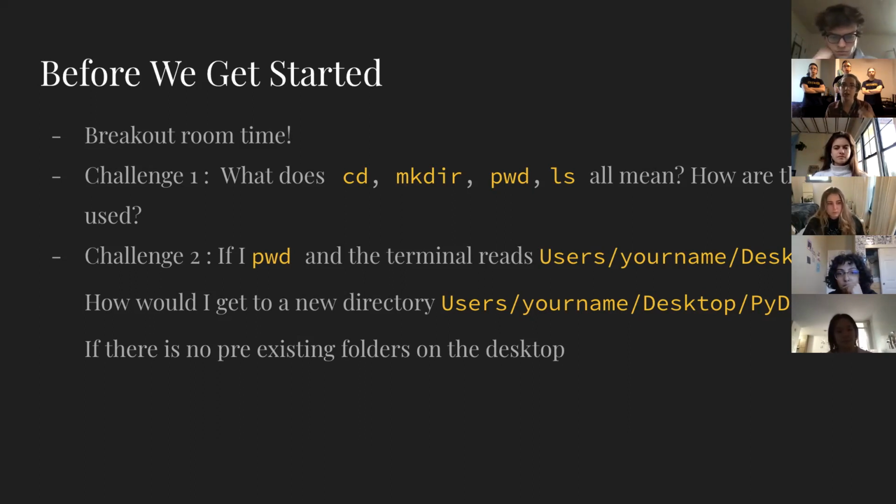I kind of just said that, but say it amongst yourselves. The real challenge is this problem right here: say I run pwd and the terminal reads Users, your name, Desktop. So you're in the Desktop directory. How would I get to a new directory, say the PyDecal directory, from that, if there are no pre-existing folders on the desktop?